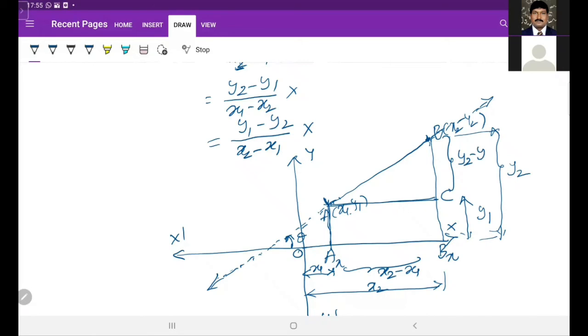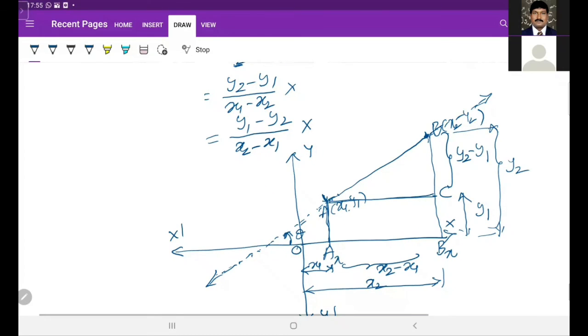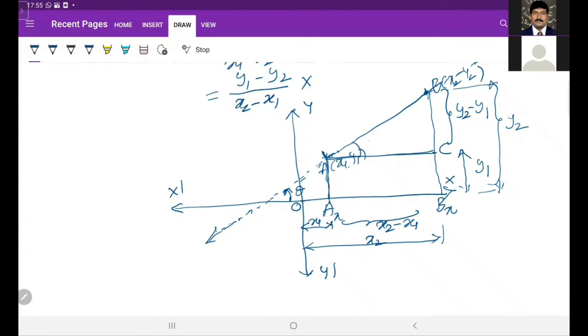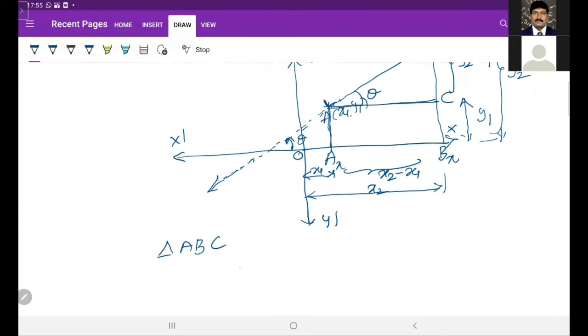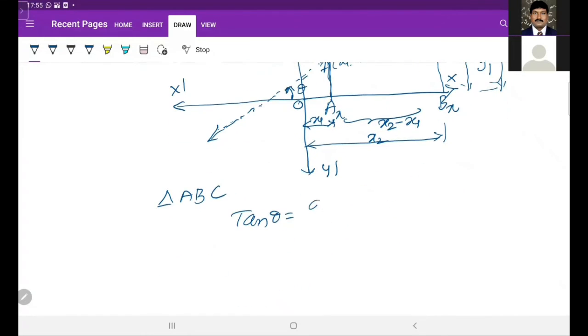So this value, how much now? y2 minus y1. So theta is there, now from triangle ABC, what is tan theta? Tell. Tan theta is opposite side by adjacent side.